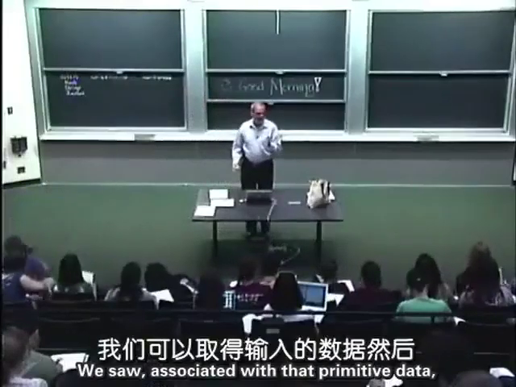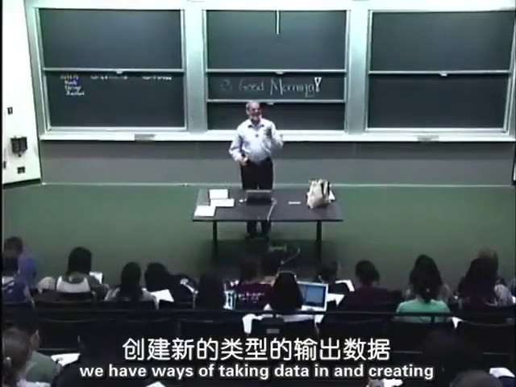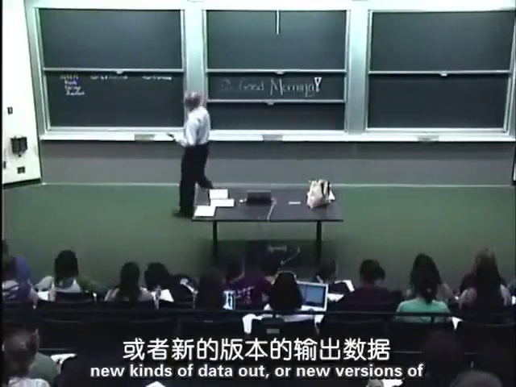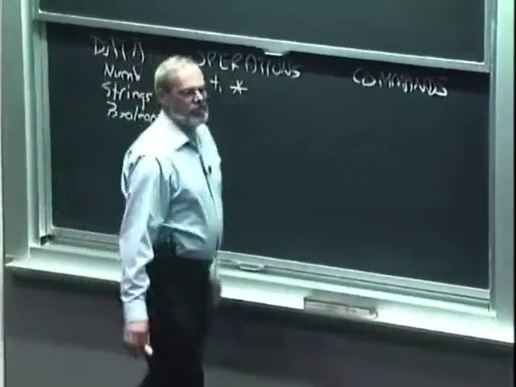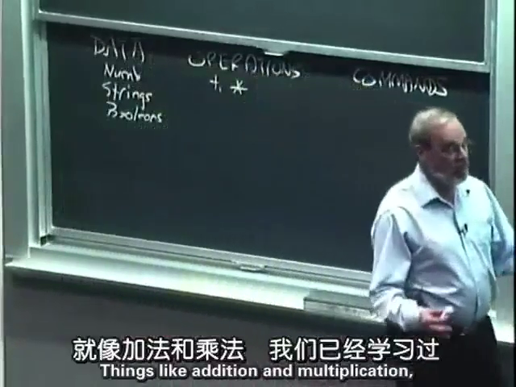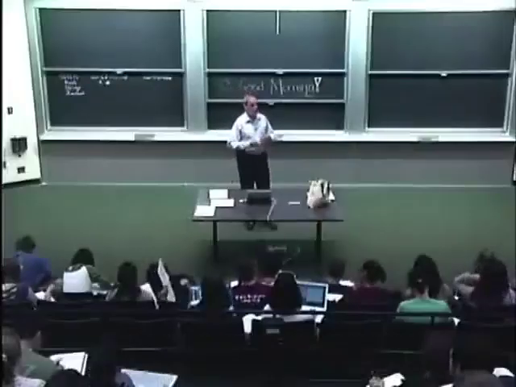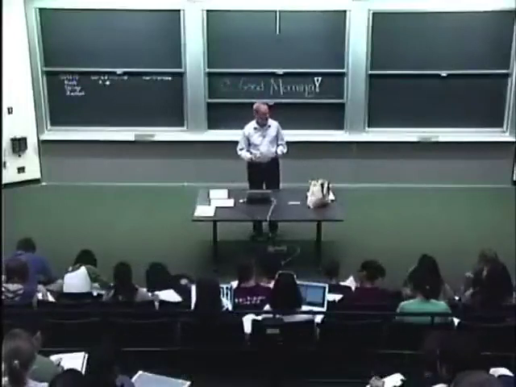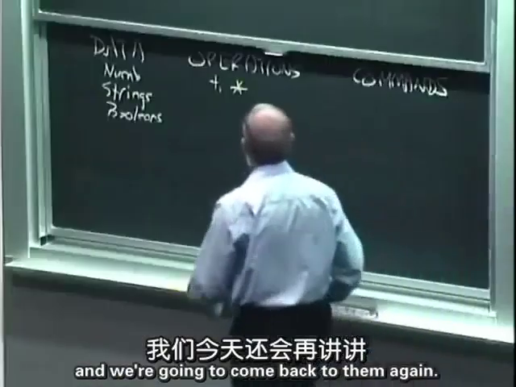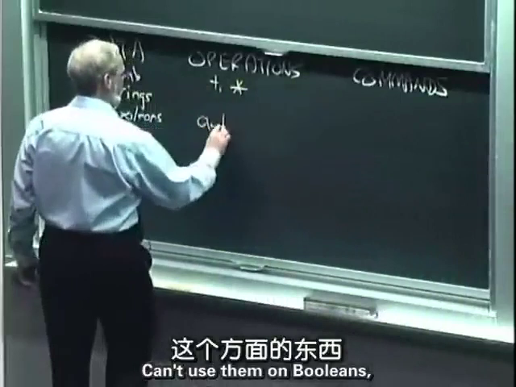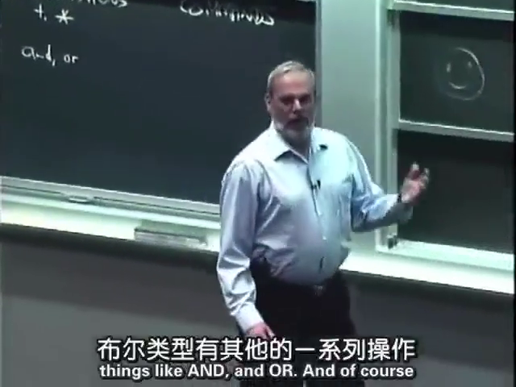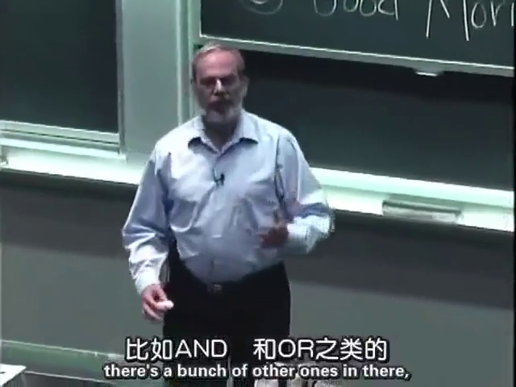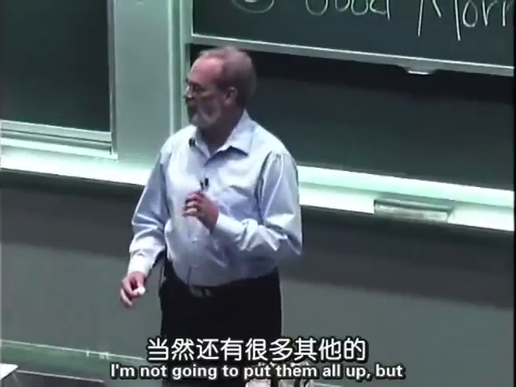We saw associated with that primitive data, we have ways of taking data in and creating new kinds of data out, or new versions of data out. So we have operations. Things like addition and multiplication, which we saw not only apply to numbers, but we can use them on things like strings, and we're going to come back to them again. Can't use them on Booleans. They have a different set of things. They do things like and, or. And of course, there's a bunch of other ones in there.